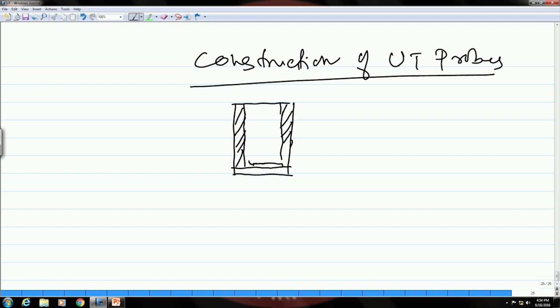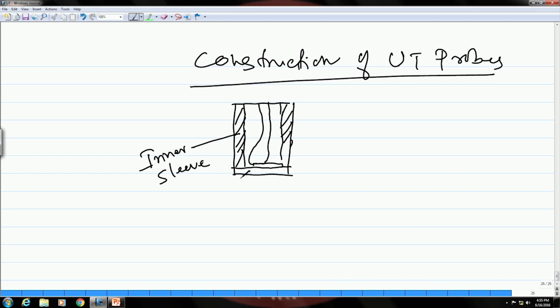To which you have two electrical leads connected like this to supply that electrical signal, and then you have this inner sleeve and other things to house it properly in place.